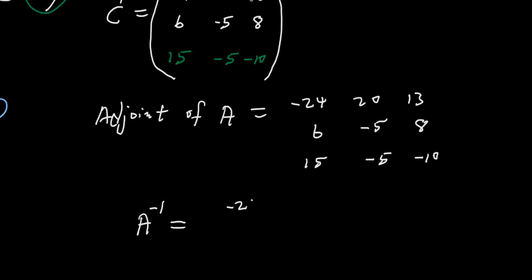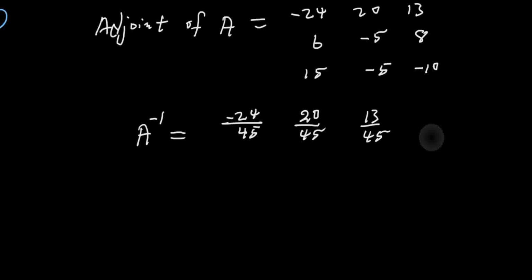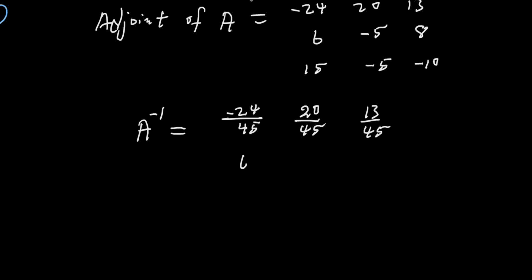So this will be equals to negative 24 divided by the determinant, which is 45. We found the determinant at the beginning. So negative 24 over 45, and then next 20 over 45, and then 13 over 45, and then also we have 6 over 45.